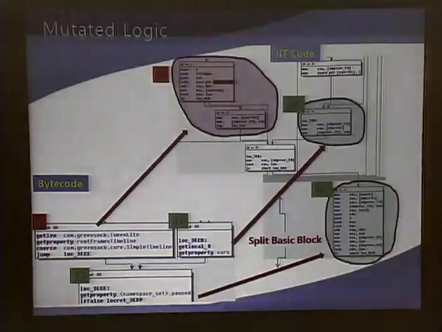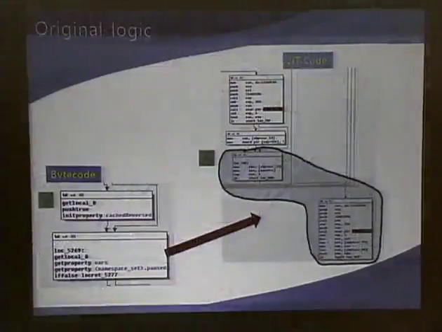This one is acquired from the original file, and this one is from the mutated file. The left side is the original bytecode, and the right side is the generated native code, x86. The representation of the native code has changed a lot.